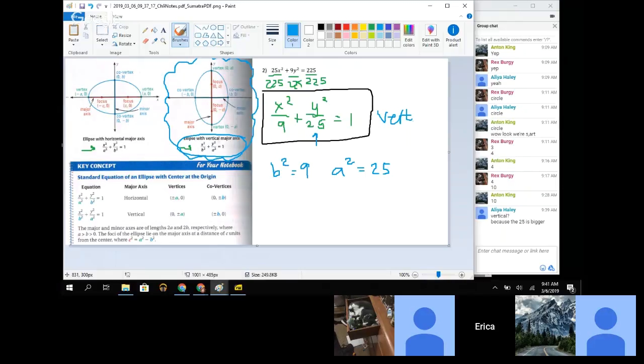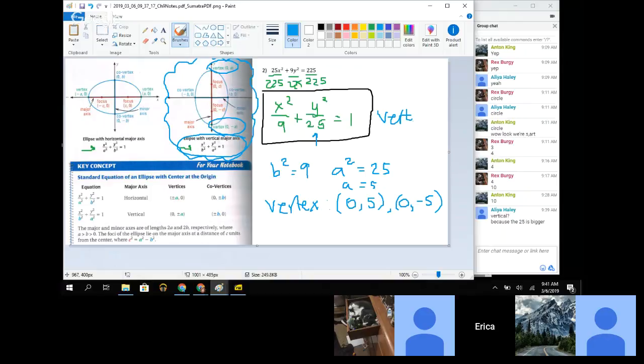So what that tells us is that we can now find out what the vertices are, because the vertices are just 0, a, which a squared is 25. So that means that a is just 5, right? So our vertices are at 0, 5, and 0, -5. Okay.